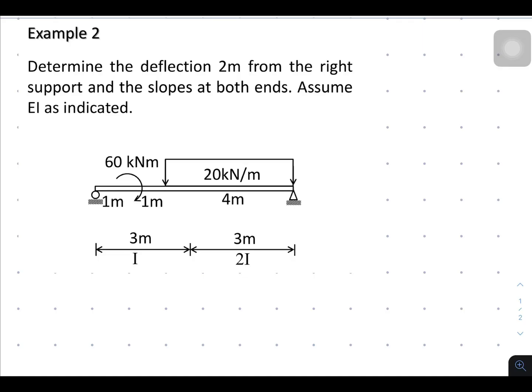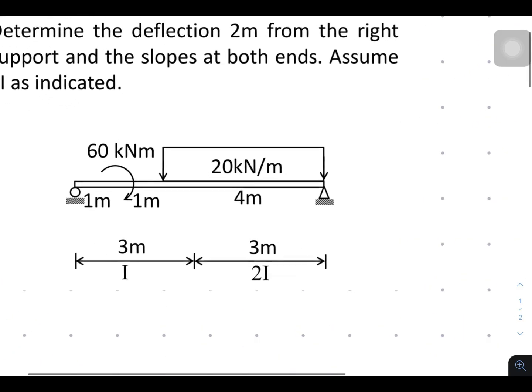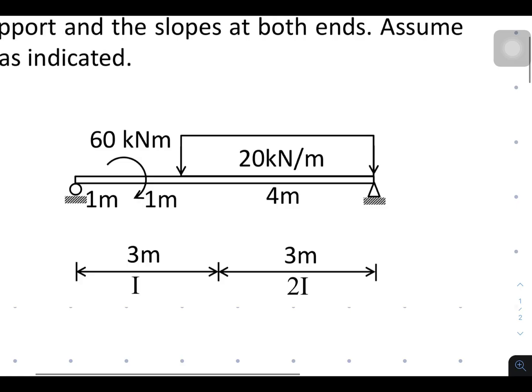For the deflection, we are going to get the deflection 2 meters from the right support. This is the point where 2 meters is.